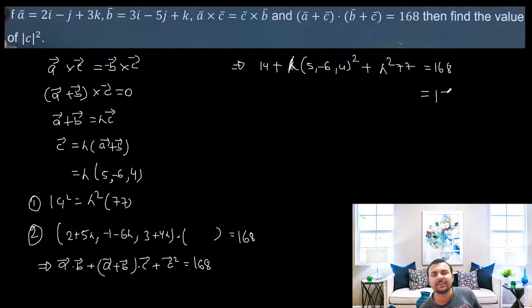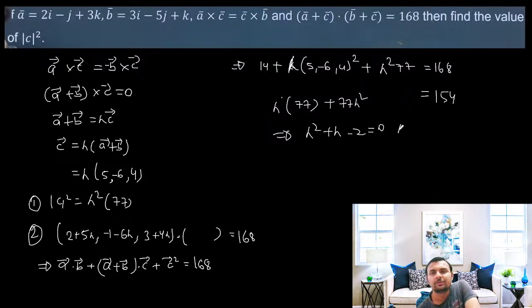We can simply say 154, plus lambda, where 25 plus 36, 61 plus 16, 77. So we are simply getting lambda square plus lambda minus 2 equal to 0. So lambda equal to 1 and minus 2.